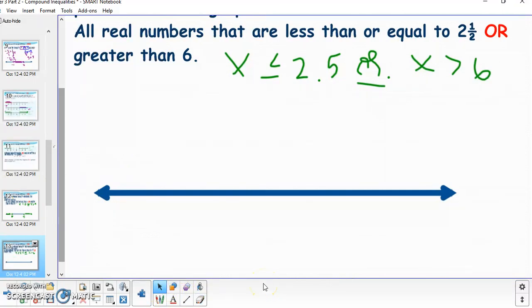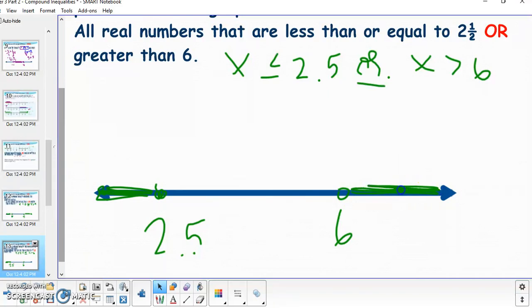Open circle at 6, closed circle at 2.5, graph in the direction of the inequality sign, and that means all the numbers to negative infinity here, and all the numbers to positive infinity here will make this statement true.